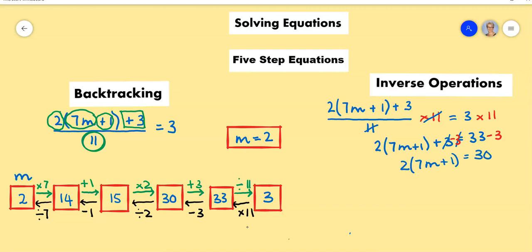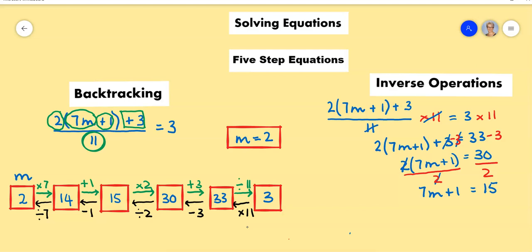The next thing that we had to do to undo our equation was to divide by 2. So I'm going to divide both sides of the equation by 2. Times 2 and divided by 2 will cancel out, and I am left with 7m plus 1 is equal to 30 divided by 2, which is 15.